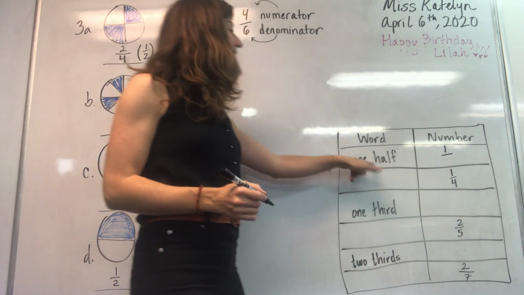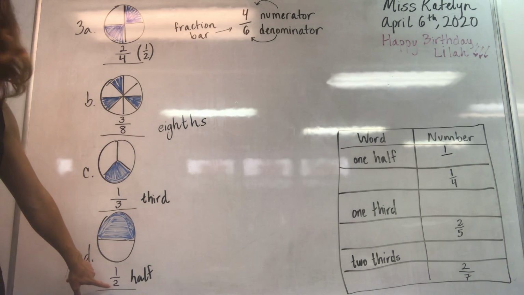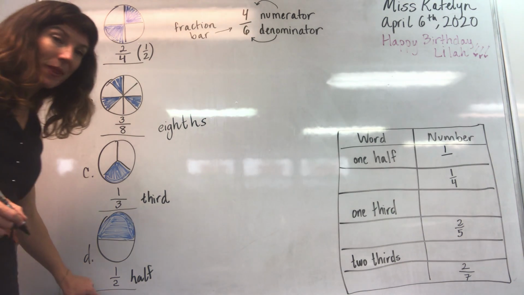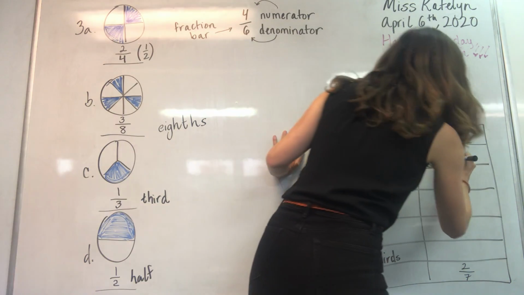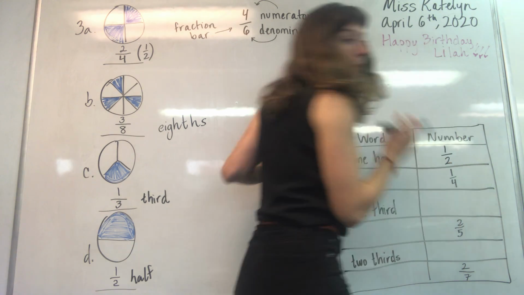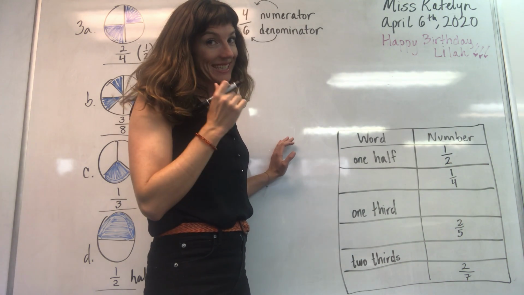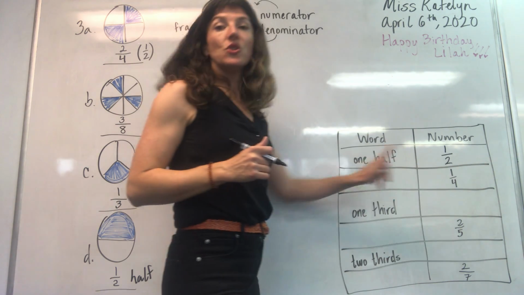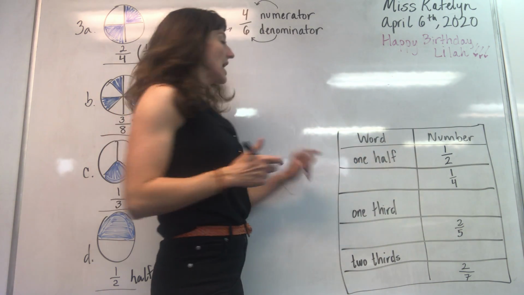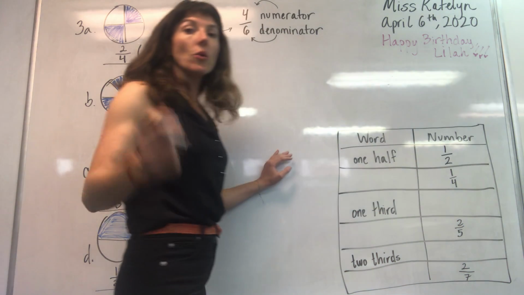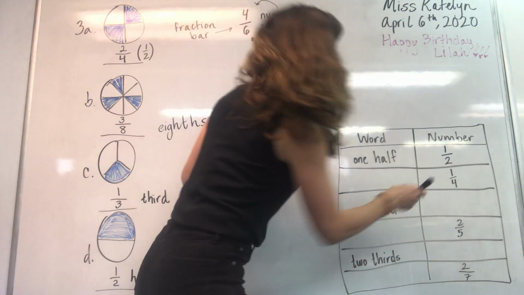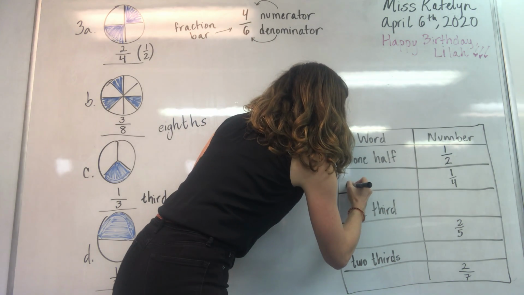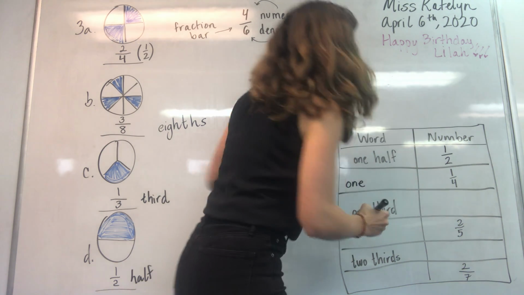And then half is that special name for when we have a 2 on the bottom. Okay, so that's 1/2. I want you to start memorizing that. Okay, one half equals 1/2. One is your first word that you write. The numerator, you're always going to write the numerator first. In this case, it's 1.